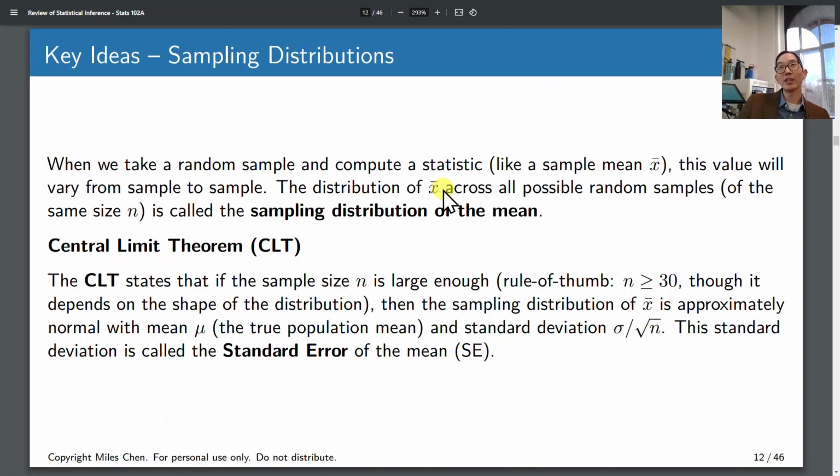There are lots of them, and you're going to get different possible values of X bar. The distribution of all those different values is the sampling distribution. And if we're talking about the mean, it's the sampling distribution of the mean.